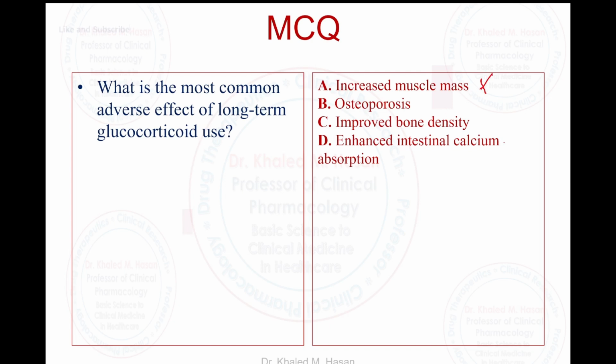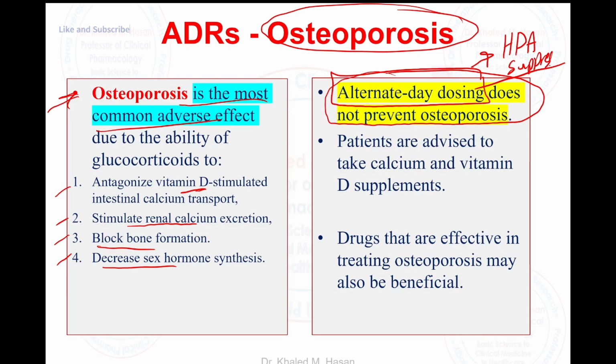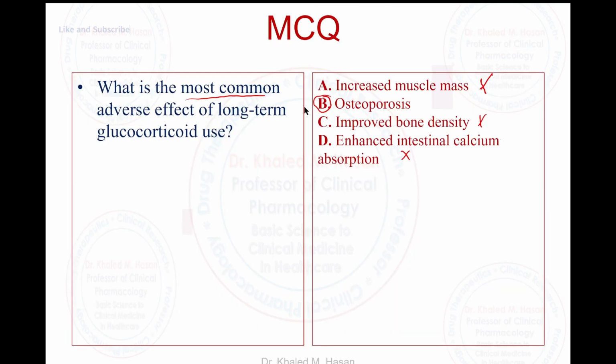Enhance intestinal calcium absorption, no. Increase calcium excretion, not correct. Improved bone density is not correct, because bone density decreases with the effect of cortisone. So the correct answer is osteoporosis. If you scroll back, you can see here that the most common side effect of cortisone is osteoporosis.